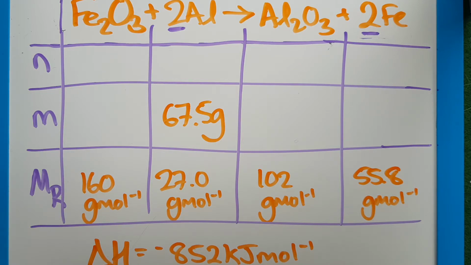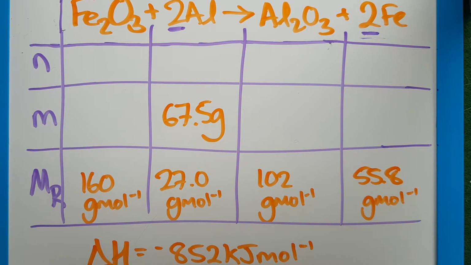So, going by our previous steps, the first thing we would do is calculate our amount of aluminium, because from there we can actually work out just about anything else, and that's what I want to show you in this video. Yes, we can work out the amount of energy produced, but what I can also do is show you how much of the other substances are involved in the reaction.